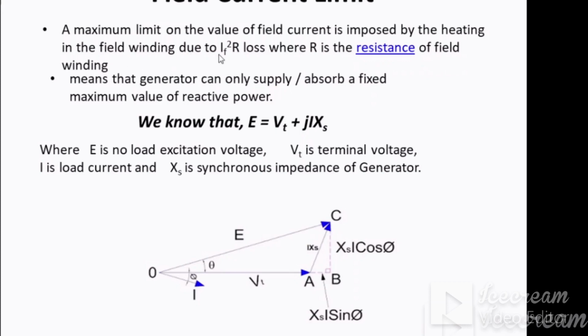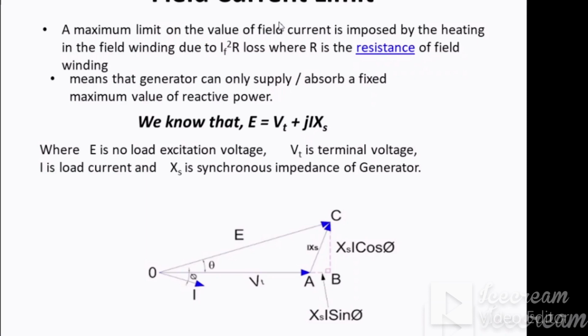So a generator can only supply or absorb a fixed maximum value of the reactive power, because whatever magnetic field is generated in the alternator is due to the field, that is the rotor part of the alternator.